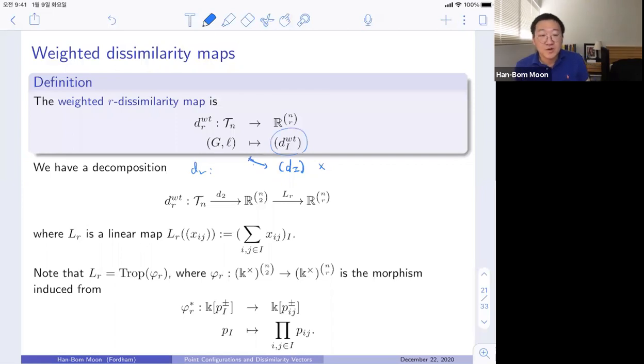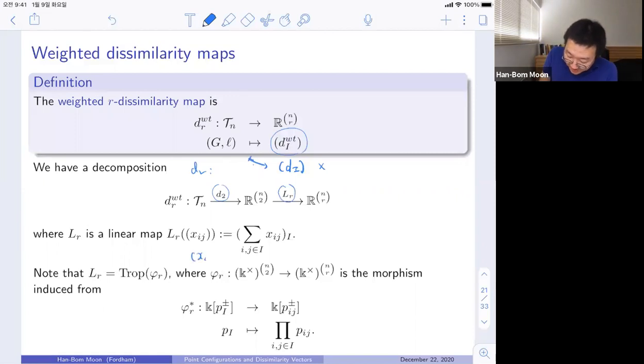First of all, this map can be decomposed as a composition of two maps. The first one is the ordinary dissimilarity map, D_2. And the second one is a linear map from R^(n choose 2) to R^(n choose R). And indeed, we can compute the linear map very explicitly.